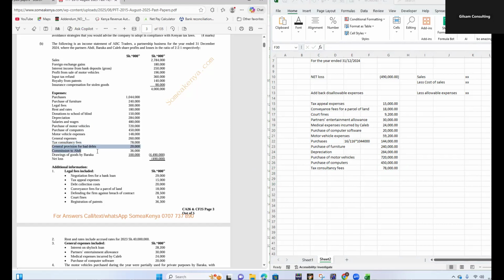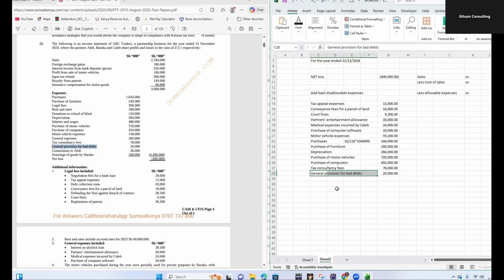Now, general bad debt, we disallow. You only allow the specific bad debt. The reason you disallow the general bad debt is that you are reducing your tax liability. If you say we had 20,000 customers who did not pay, you don't know who these customers are, so KRA cannot recover this amount.